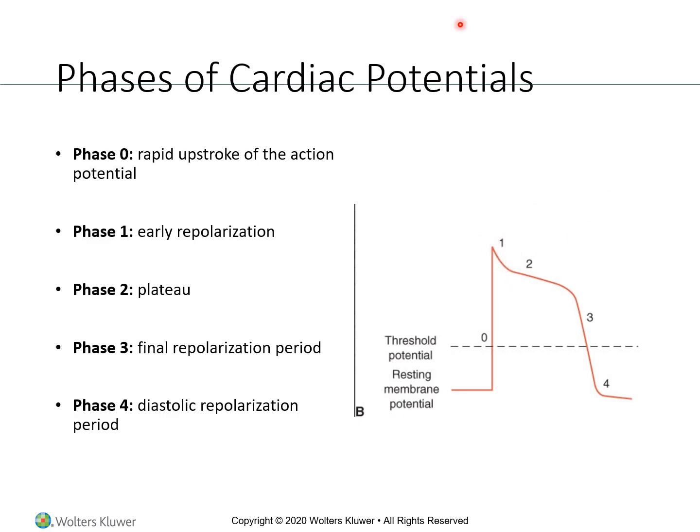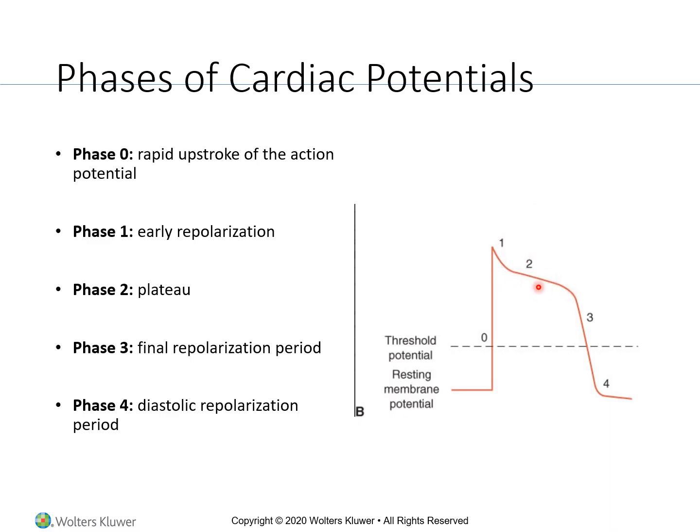At phase 2, we have a simultaneous influx of calcium into the cell through these slow calcium channels. And this produces an elongation of the contractile process, and it contributes to this phase 2 plateau that we see. So we no longer have that sodium rushing in, but we want to maintain that depolarization for a little bit longer to enhance contractility of the heart.